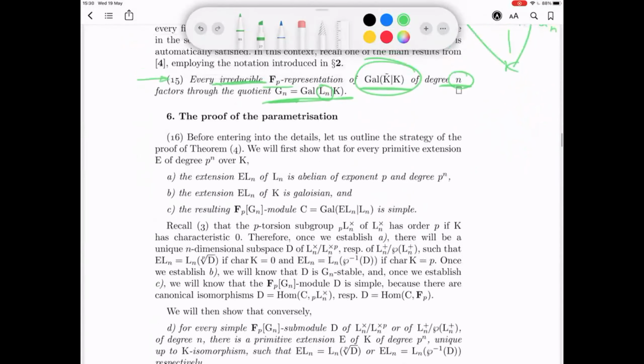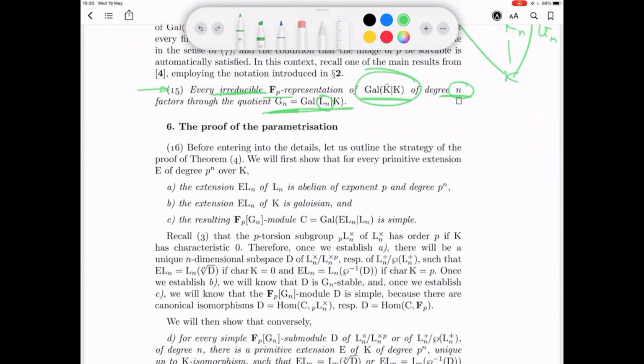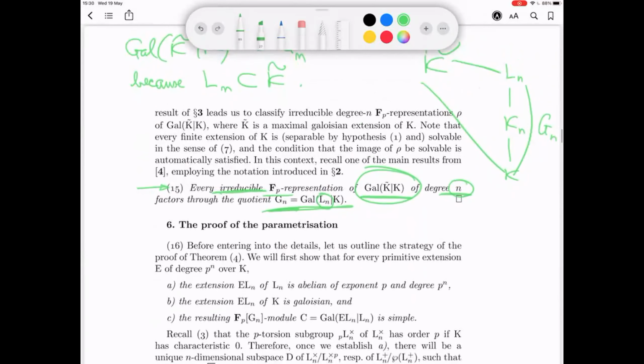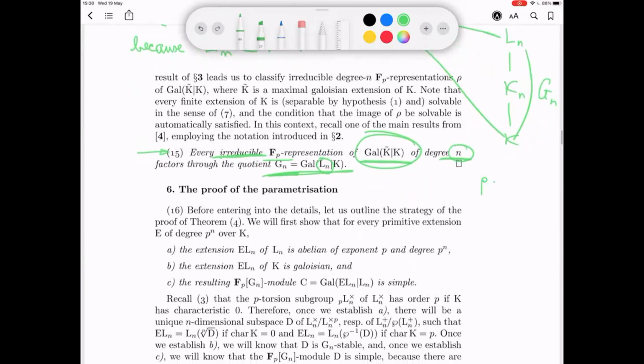Factors through is the following. It means that when I have a representation of K tilde over K to, let's say, GLn of FP, it's irreducible and it's of degree n.